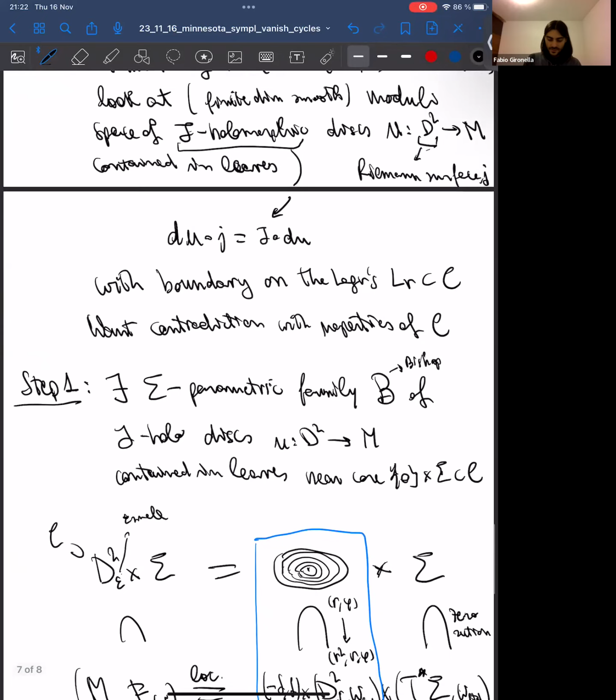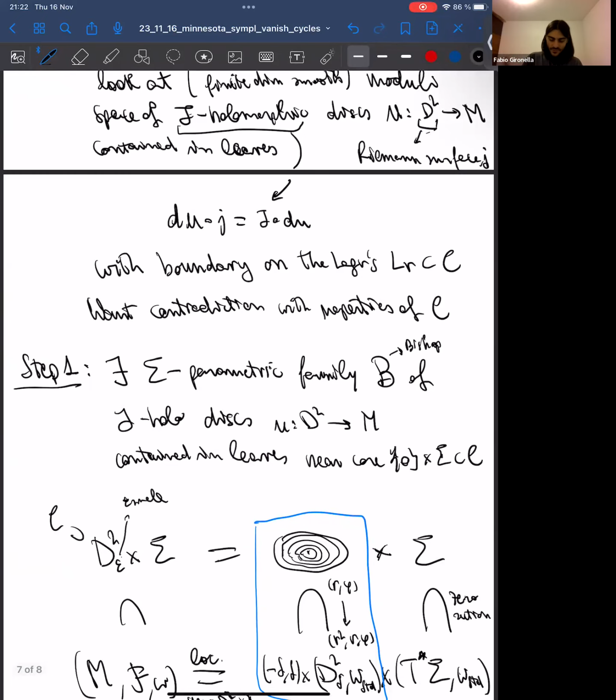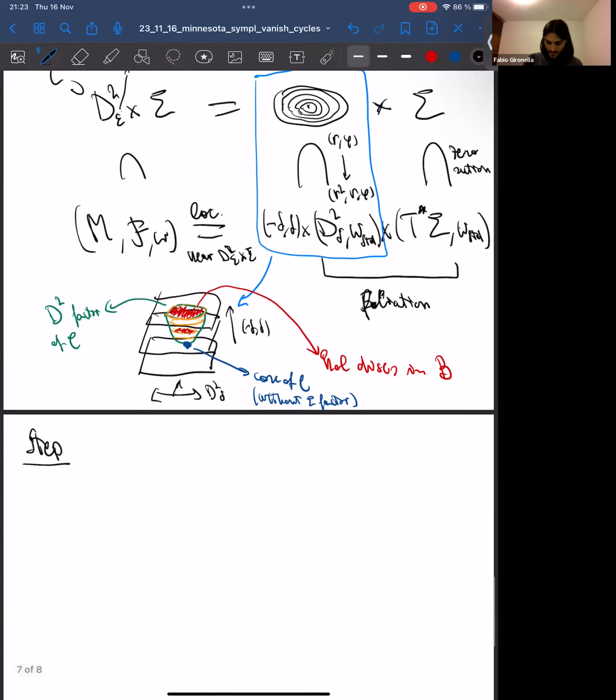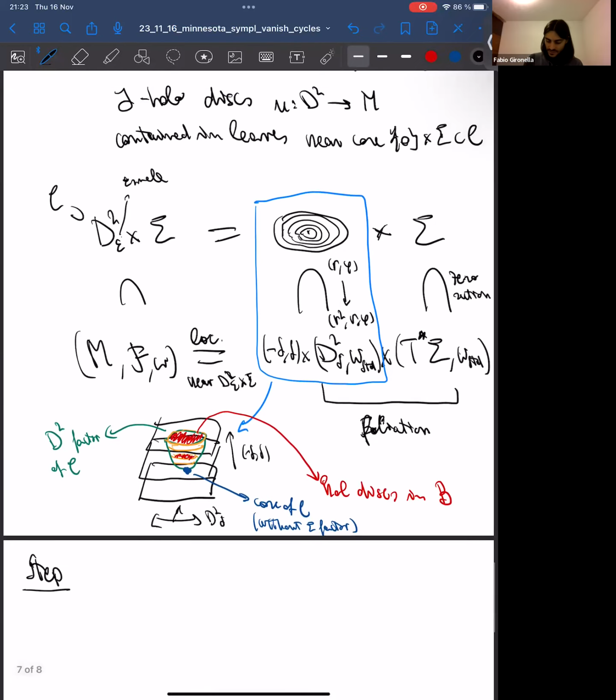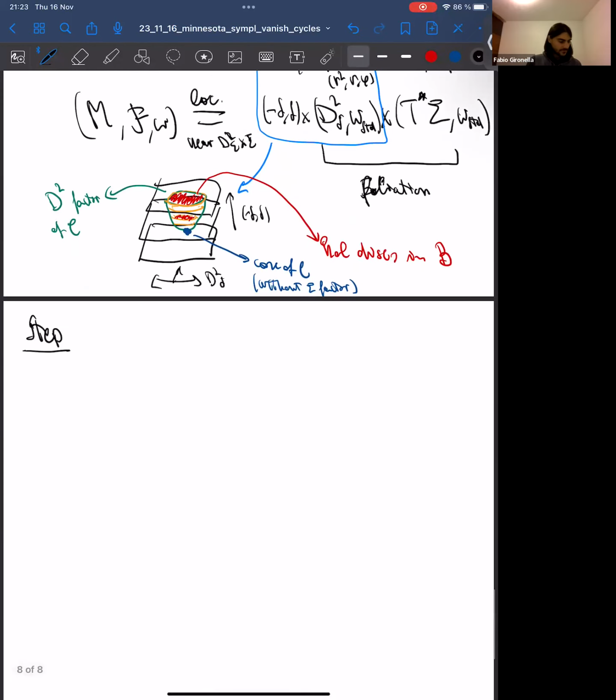But in the foliated case, there's no reference for this, and one needs to actually prove that these moduli spaces are well defined and so on. This is also part of what we do. There's a lot of technical stuff that I'm not mentioning at all, just to give you the geometric idea of the proof.